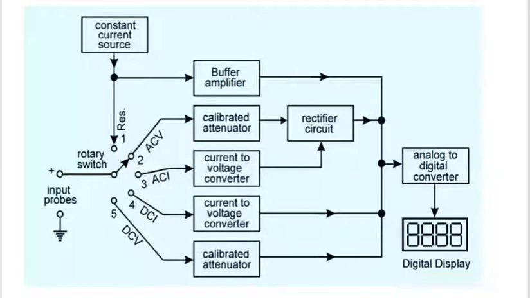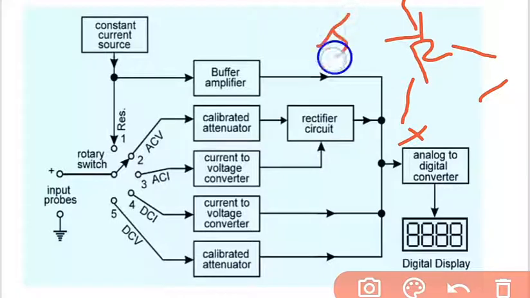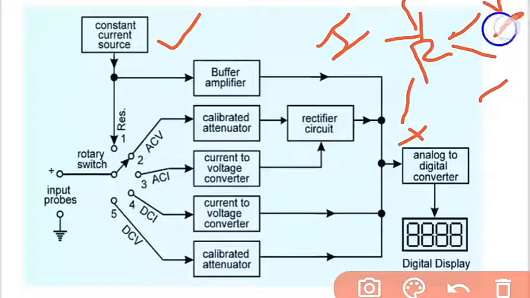Suppose you want to measure the resistance, then you connect the multimeter across this resistance, and through the multimeter some constant current flows through it. So this is the constant current source which will develop some voltage across the resistance.